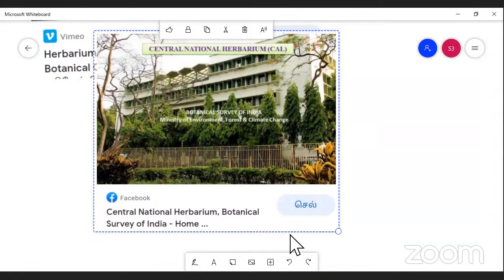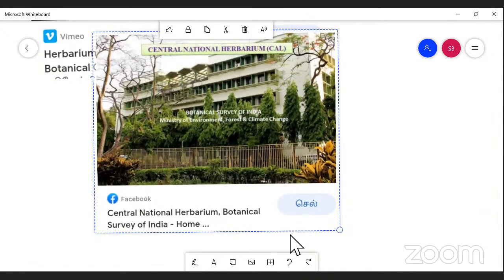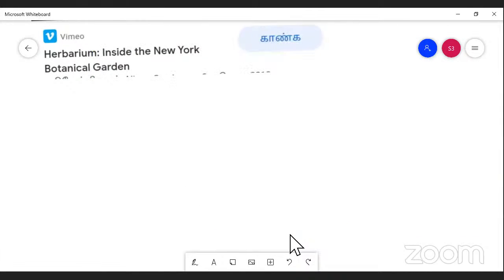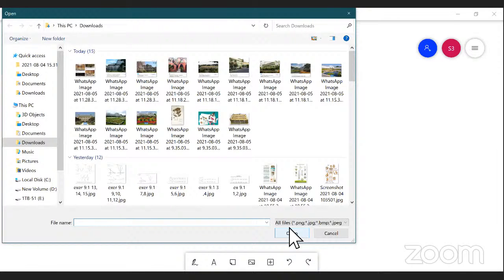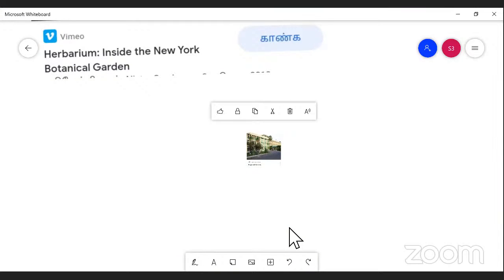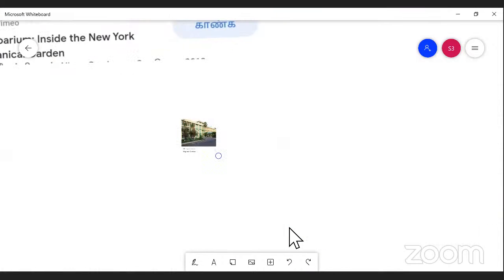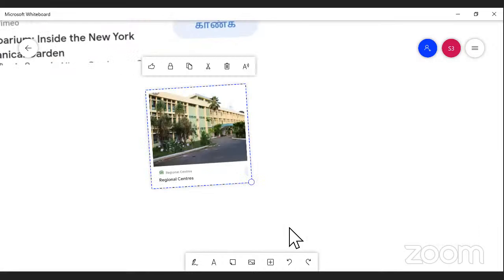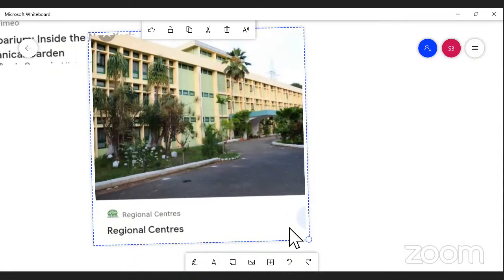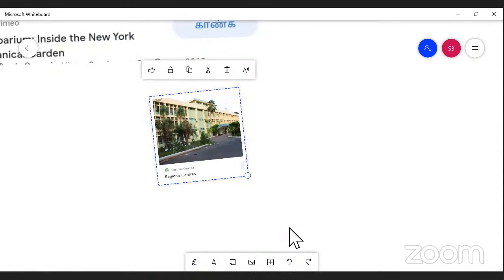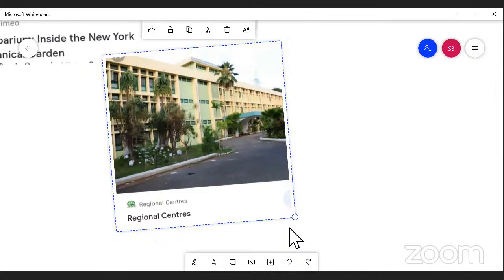In Tamil Nadu, one of the largest herbaria is the Botanical Survey of India. If you go to Coimbatore, you can see the Botanical Survey of India, which is situated in Coimbatore, right?